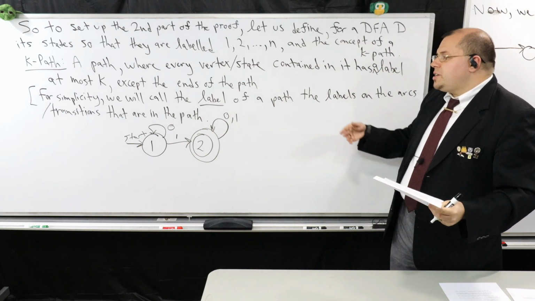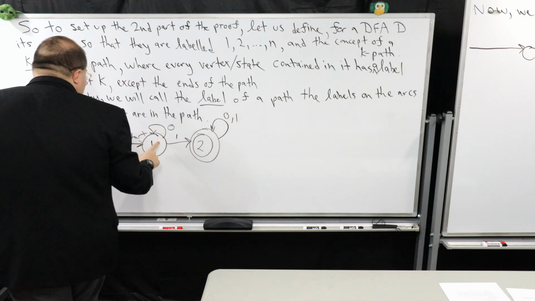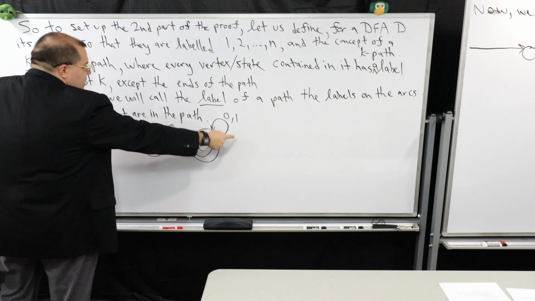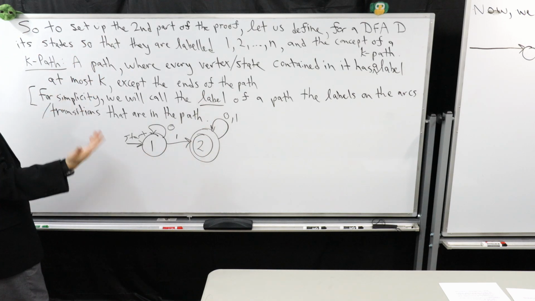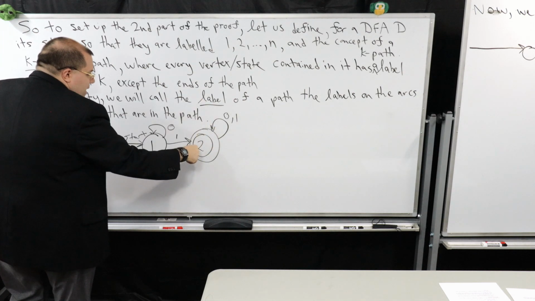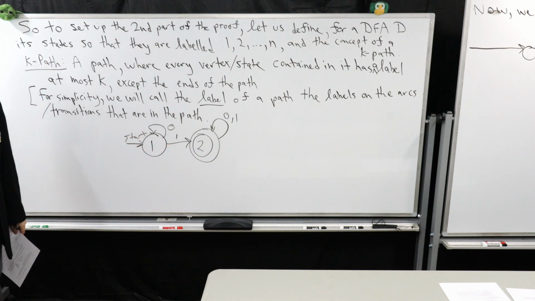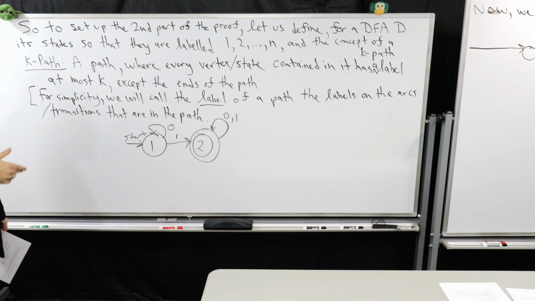So what I'm referring to as a label in a path is, say for example, I transition from 1 to 2, then to 2 again. One example of a label for this path would be 1, 1, for example, if I were to just read it off. So I'm just telling you what the string is I use to get me from one state to another. Is that clear, everybody?